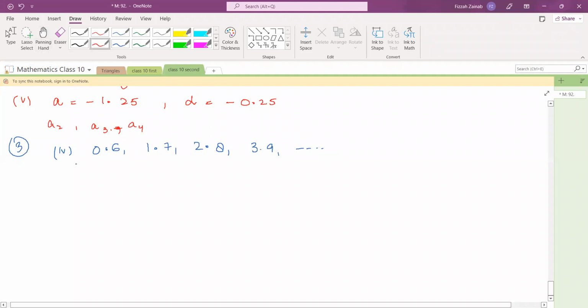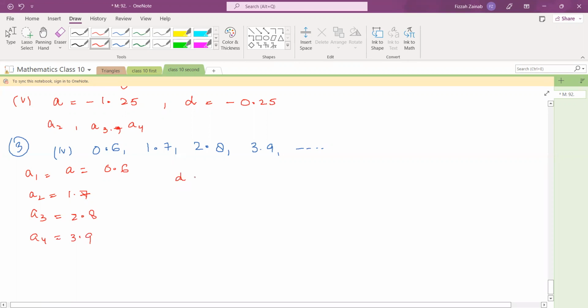First term A, or A1 we call it, is 0.6. Then your A2 here is 1.7, and then A3 for this AP is 2.8, and A4 is 3.9.